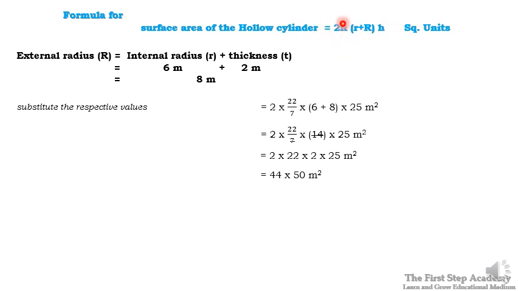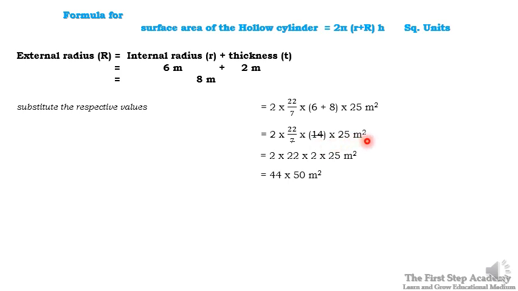By substituting, we get 2 into pi, whose value is 22 by 7, hence I directly substituted, so 22 by 7 into (6 plus 8) into 25 meters squared. By consolidating this, 2 into 22 by 7 into 14 into 25 meters squared, since 6 plus 8 is 14.